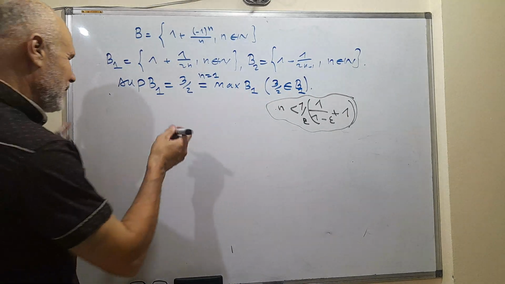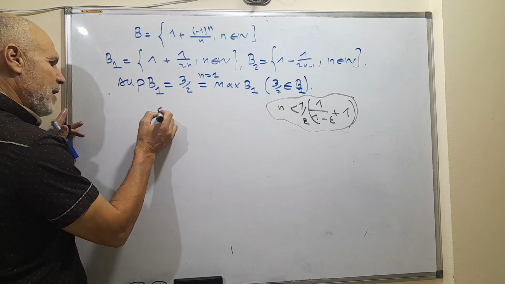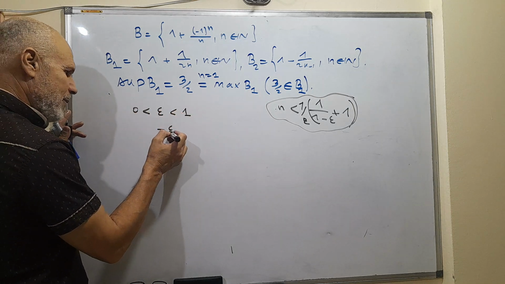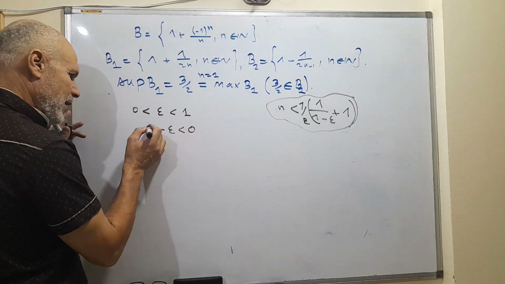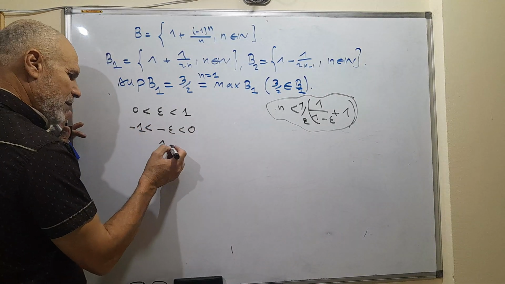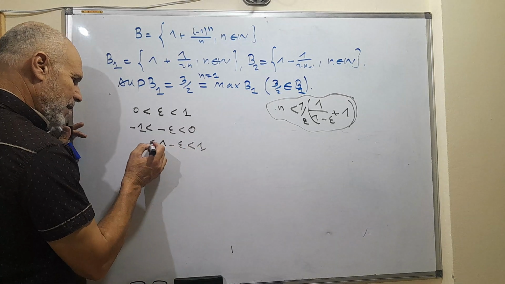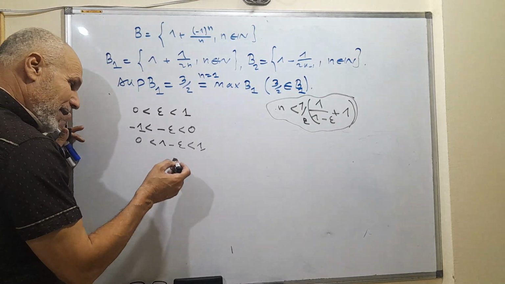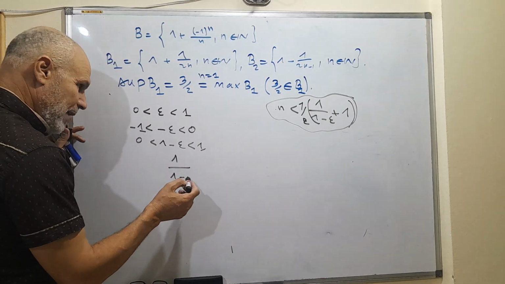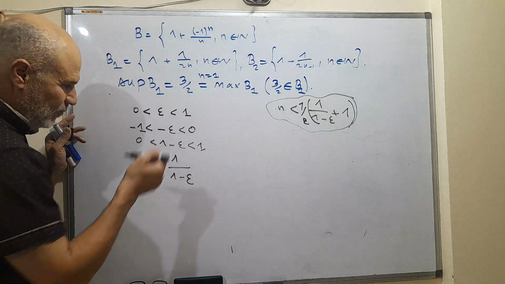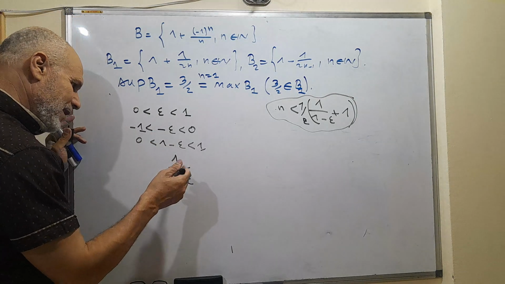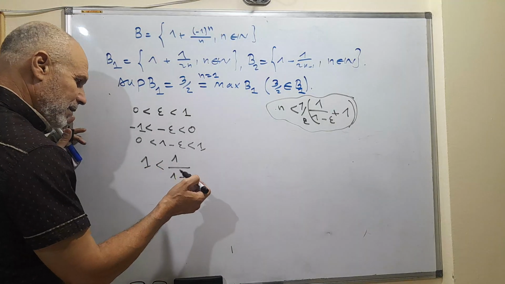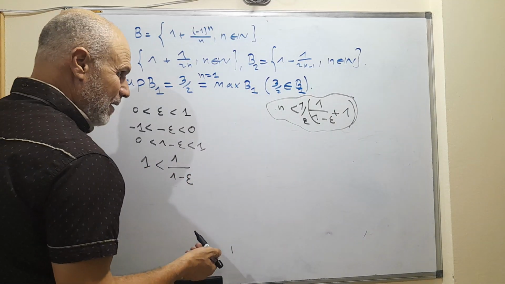We suppose that epsilon is less than 1 and greater than 0. So minus epsilon is less than 0 and greater than minus 1. So 1 minus epsilon is less than 1 and greater than 0. Then 1 over 1 minus epsilon is greater than 1 and less than plus infinity.